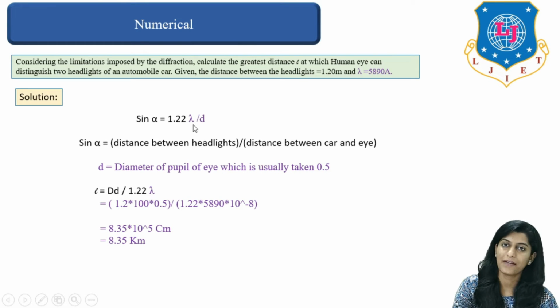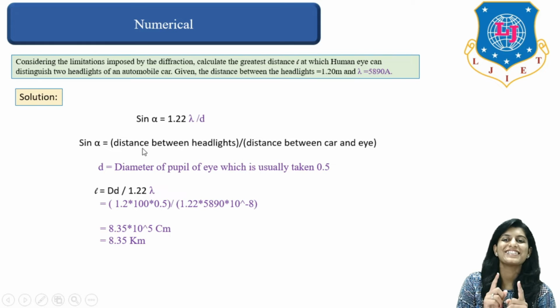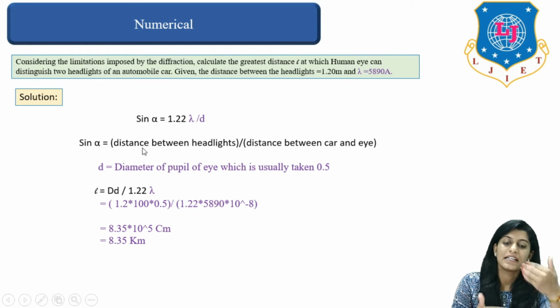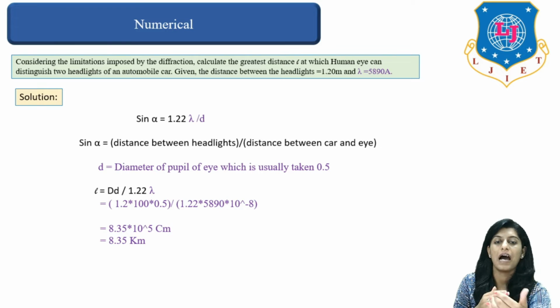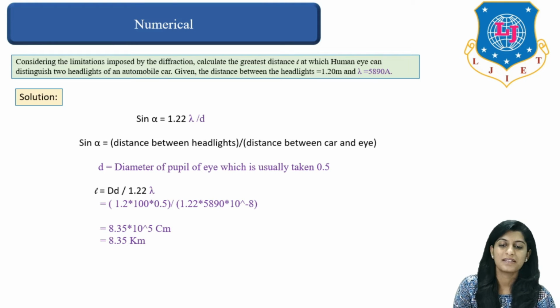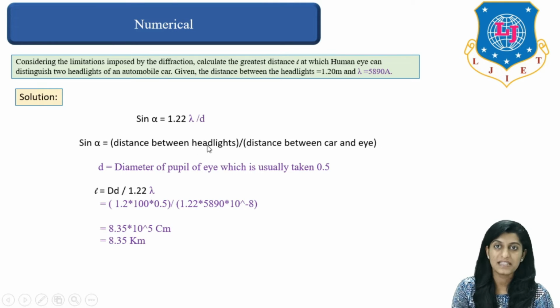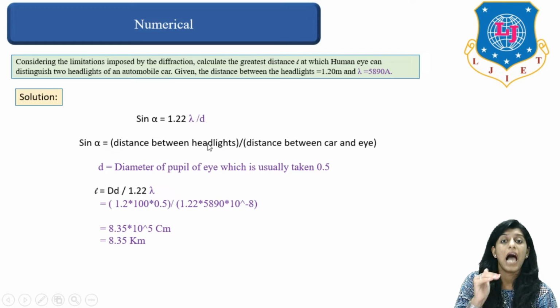So this is Rayleigh criteria, and we also know that sin alpha is equal to distance between two headlights divided by distance between car and eye. That means distance between the objects which we need to distinguish and the distance between source and the eye, right?